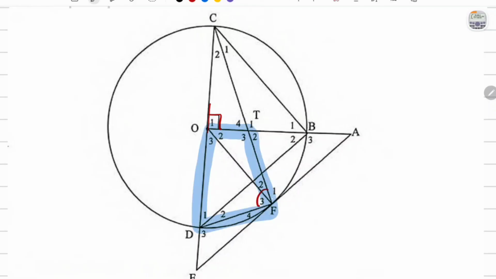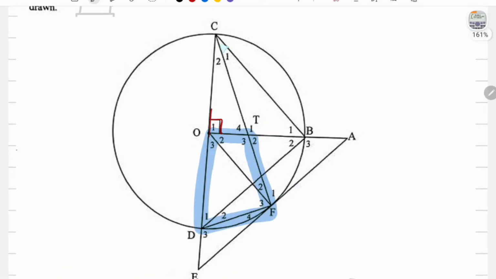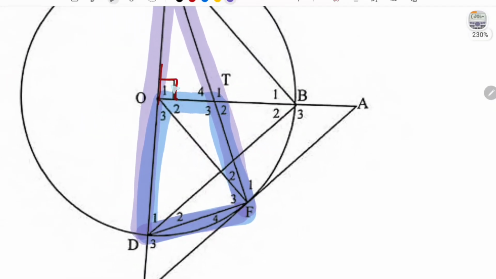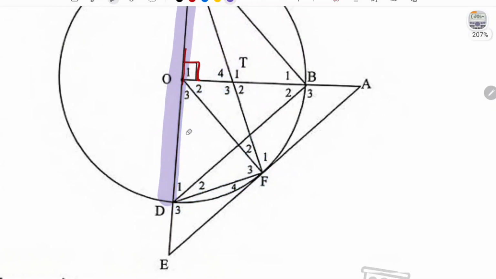The reason I'm saying that's fine is because do you see that COD is a diameter? The angle supported by a diameter in a circle is equal to 90 degrees. So that angle from F2 to F3 is 90 degrees, and that is the angle perfectly opposite in that quadrilateral. So that's how we would prove that.